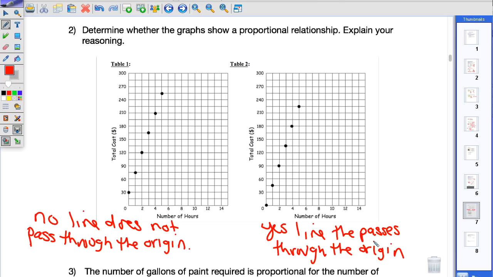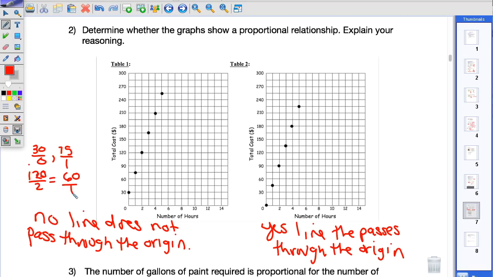You can also find the constant of proportionality. So in the first one, we have 30 over 0, and the second is 1 hour, and we have 75 over 1. We have 2 hours, 120 over 2. That equals 60 over 1.